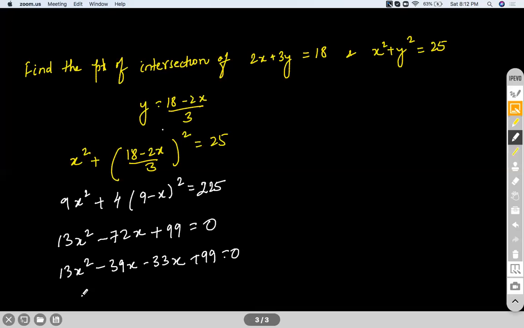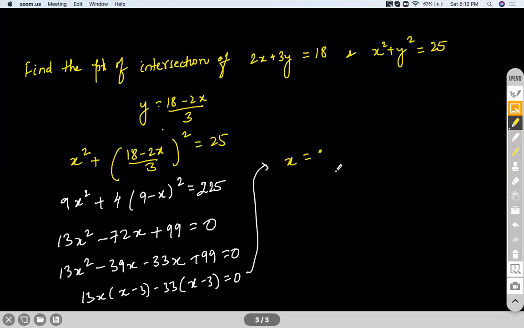Take 13x common, x minus 3. Take 33 common, x minus 3 equal to 0. So this implies 13x is equal to 33, x is 33 by 13, or it is equal to 3. So if x is 33 by 13, what will be y?